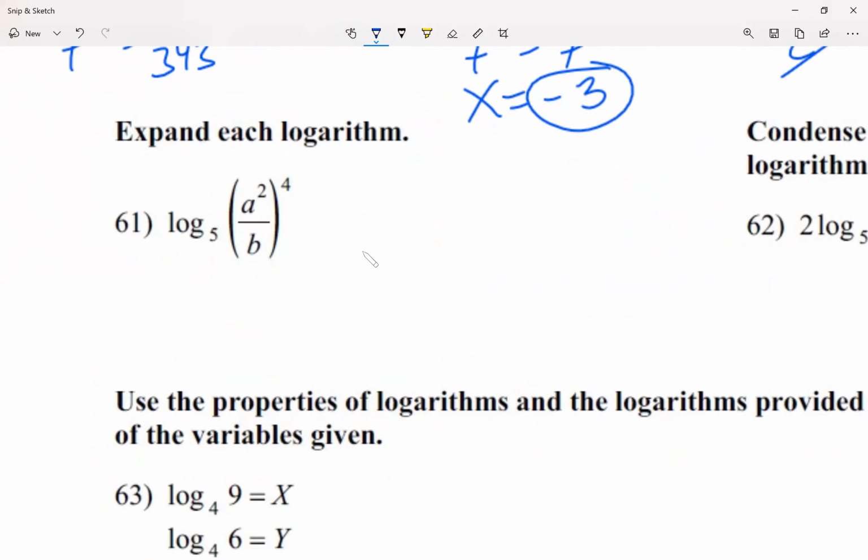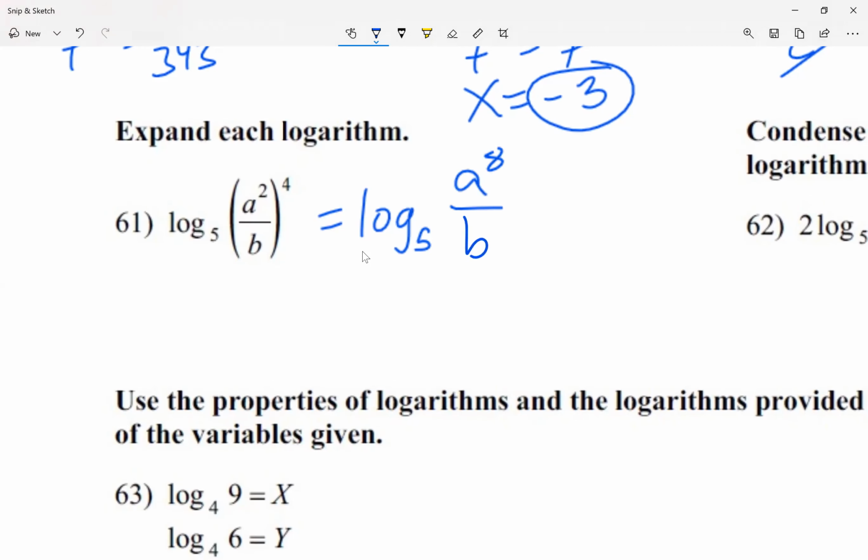Okay, first of all, I should not have that parentheses there. So let me rewrite this as log base 5 of a to the 8 over b to the 4th. Do notice that the exponent that I had outside, in this case the 4th, got multiplied to each exponent on the inside, right?